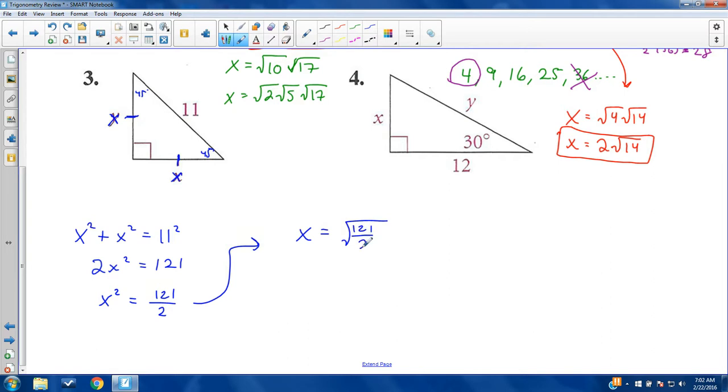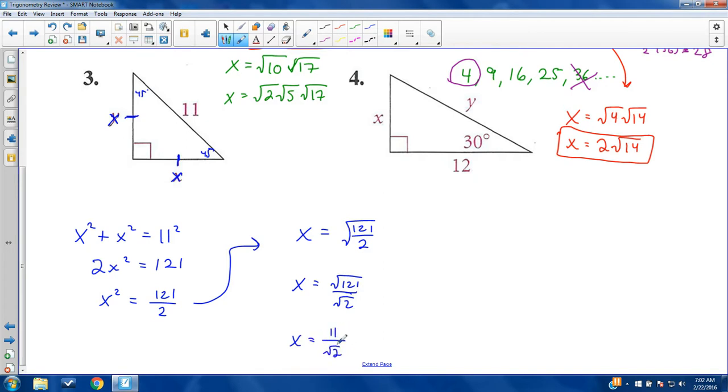Now, we haven't practiced this kind of problem very much in my class, but considering we can split up a product into two roots, you can also do the same thing with a fraction. You cannot do the same thing with a sum or a quotient, but here in this case you can, like so. Now you can take the square root of 121, that is 11. And here you have root 2.